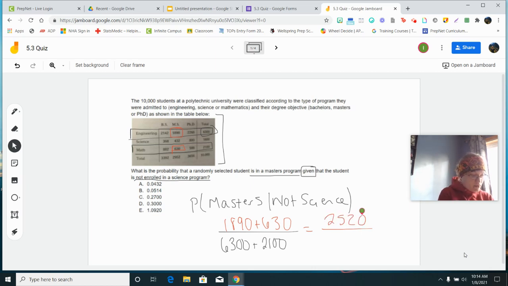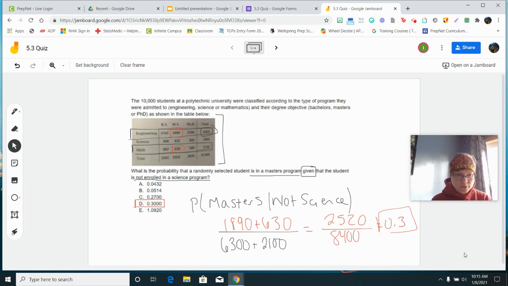And then 6,300 plus 2,100 is going to give me 8,400. And if I divide those two, I'm going to get my answer. So that's going to be 0.3, or 30%. So option D here is going to be the best one.